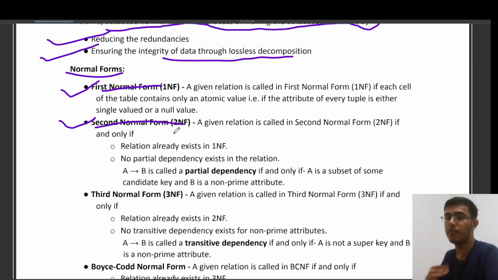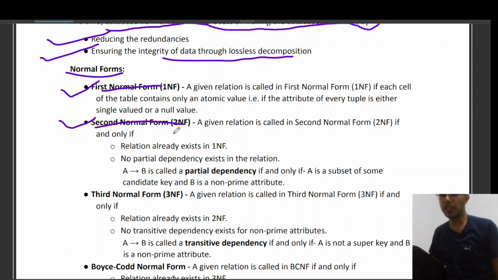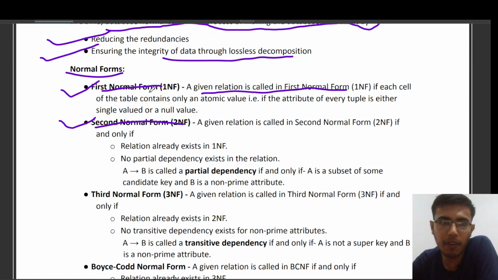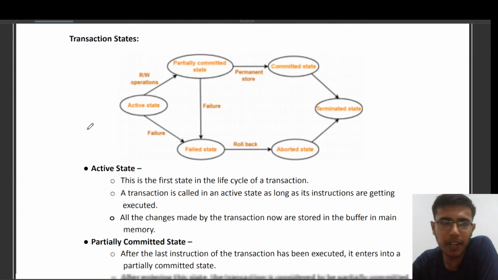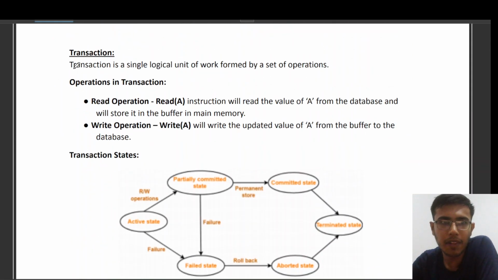A given relation is said to be in 1NF whenever each cell of the table contains an atomic value. We will discuss all of these with examples, which will be really useful.